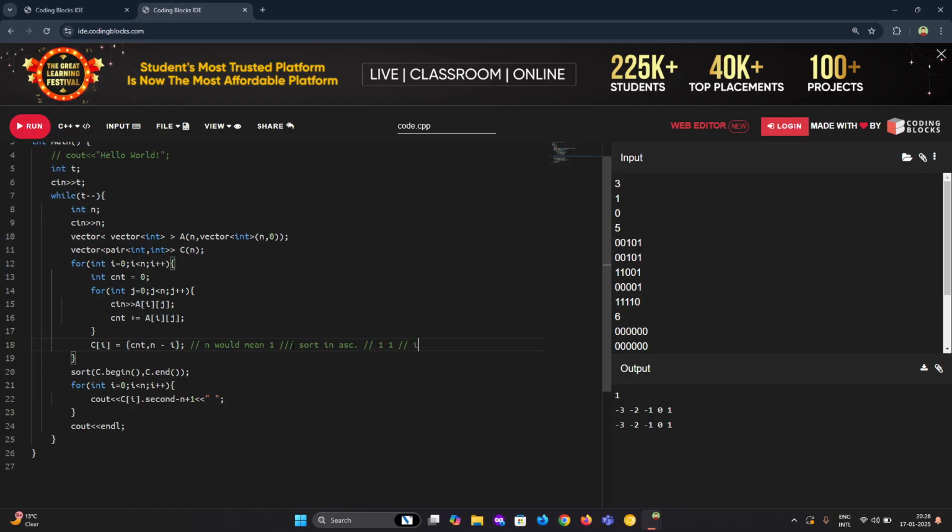So if it's 2 and 1, 2 would come before 1. To achieve that, I subtracted i from n. So that resulted in, let's say n is 5, here it would return 3 and 4, and it would return us the correct order.